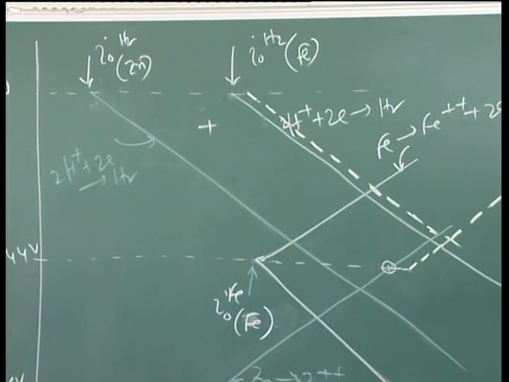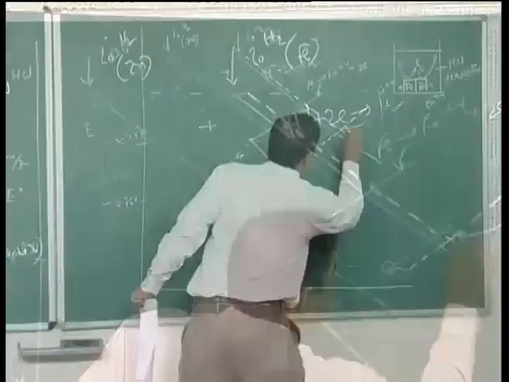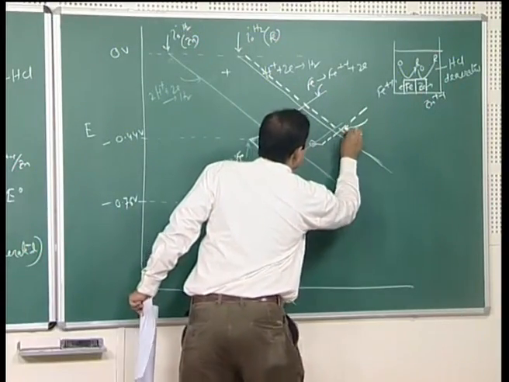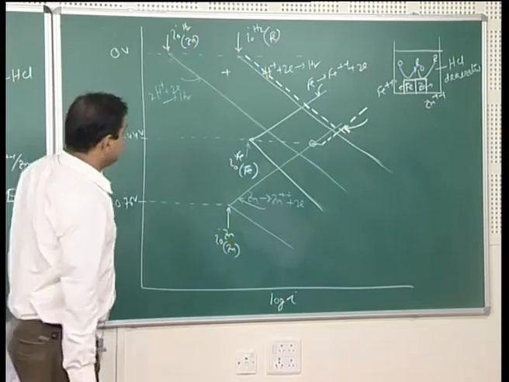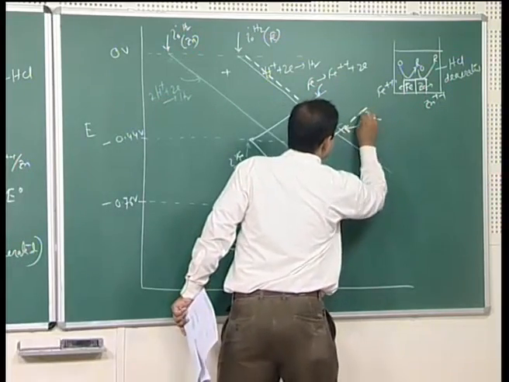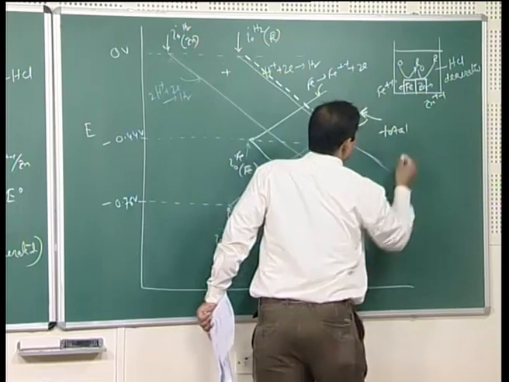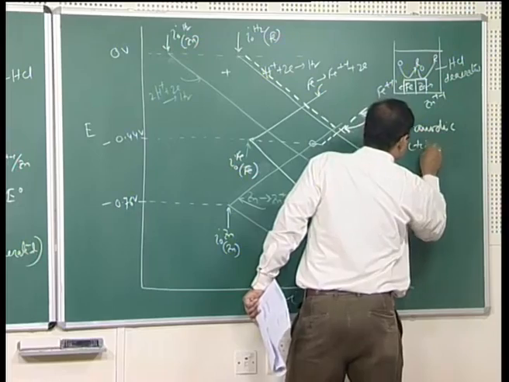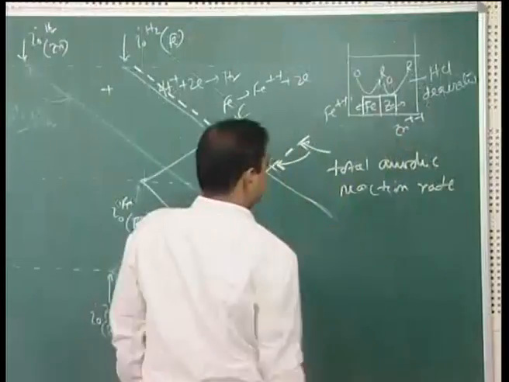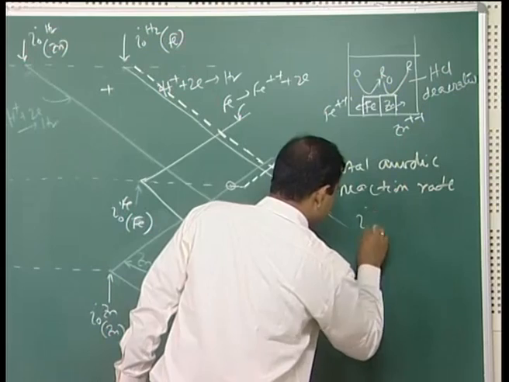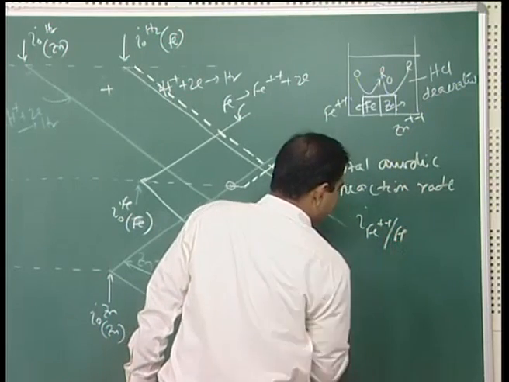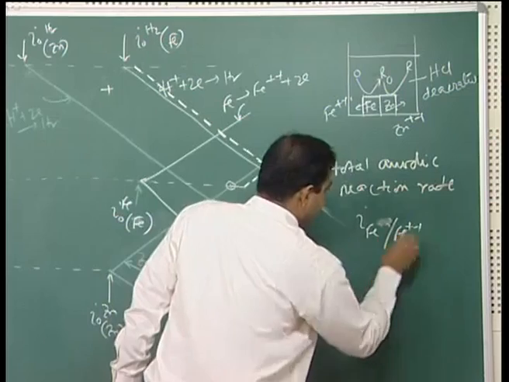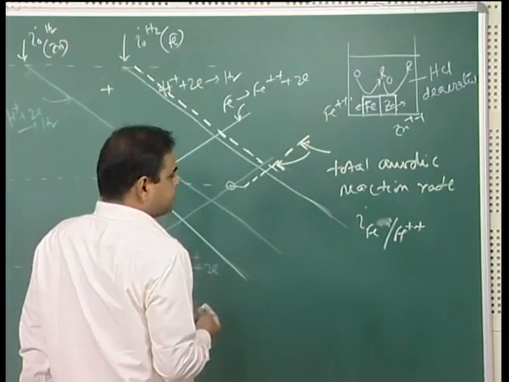Fine. So, at what point are these two combining? This is the point. And you see this line is nothing but the total anodic reaction rate, which is nothing but I Fe plus I zinc; I am just showing the anodic reaction.